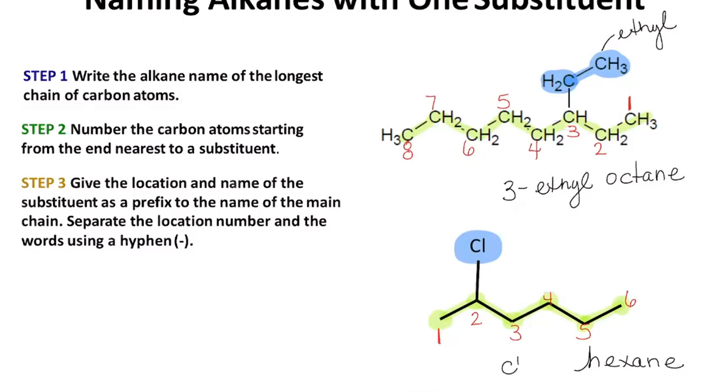So we have a chloro group, okay? And then we give the location of the chloro group. At position 2, I have a chloro group. Notice that numbers and letters are always separated by a hyphen. Always. Numbers and letters are separated by a hyphen. So the name of that bottom molecule is 2-chlorohexane.